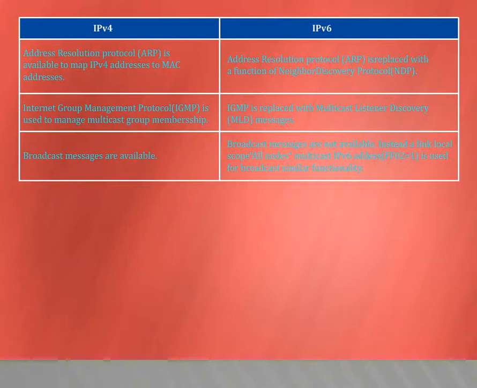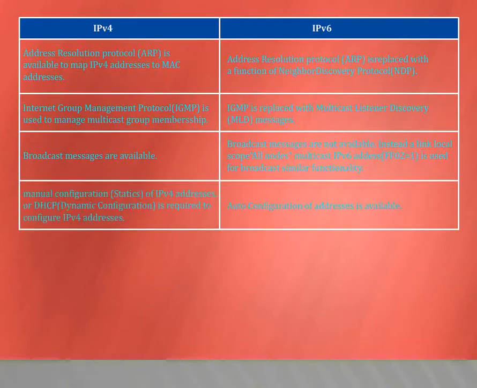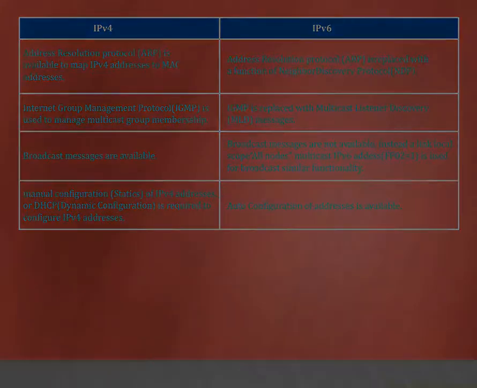Broadcast messages are not available in IPv6. Instead, a link-local scope all-nodes multicast IPv6 address, that is FF02::1, is used for similar broadcast functionality. Manual configuration (static) of IPv4 addresses or DHCP (dynamic) configuration is required to configure IPv4 addresses. Auto configuration of addresses is available in IPv6.